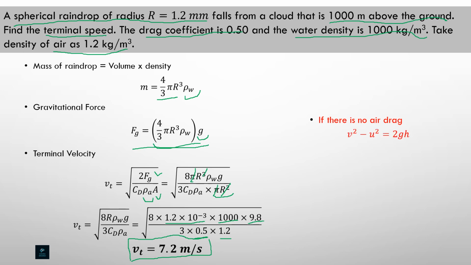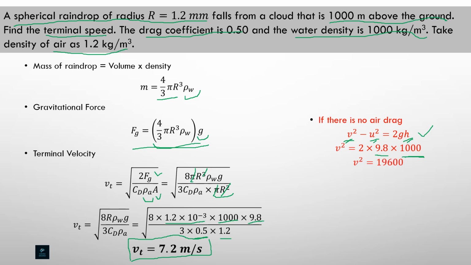We will use this equation of motion, v square minus u square is equal to 2gh. u is the initial velocity, which is equal to 0, h is the height of the cloud, and v is the final velocity of the raindrop before hitting the ground. From this we obtain v square as 2 into 9.8 times 1000, which is the height of the cloud.